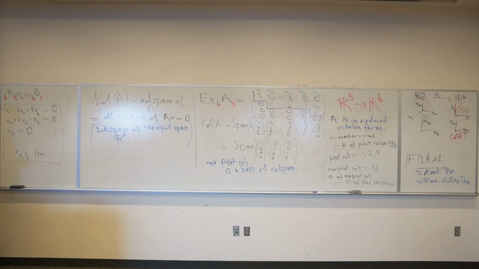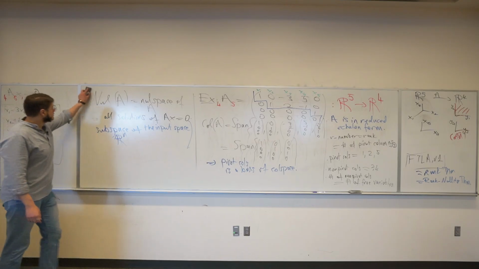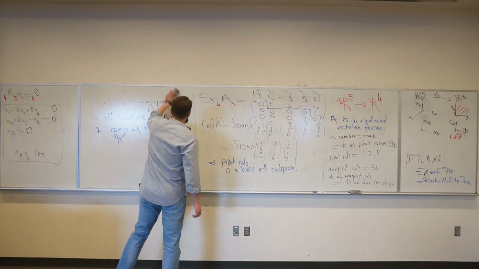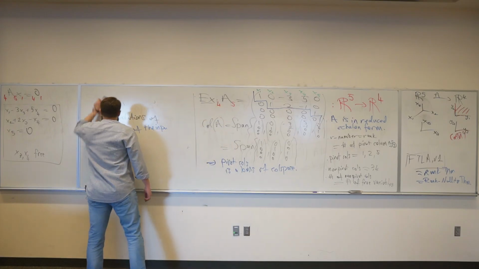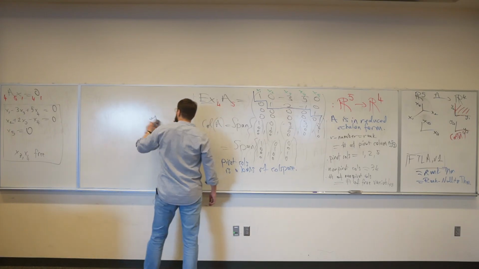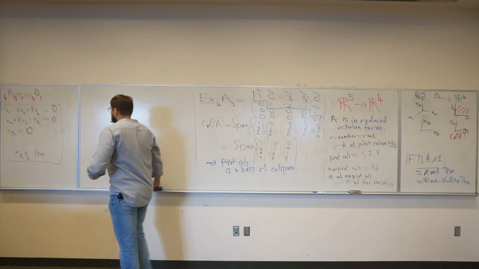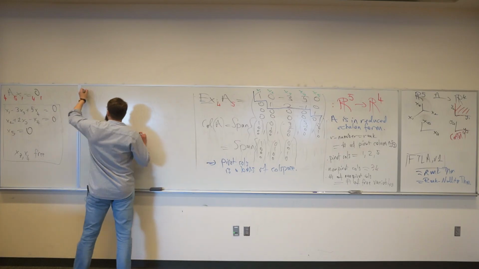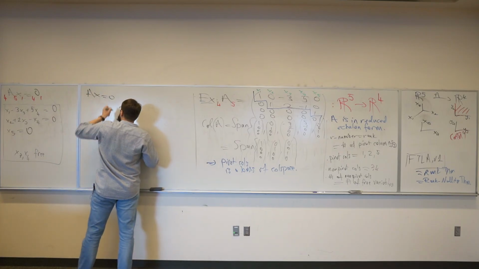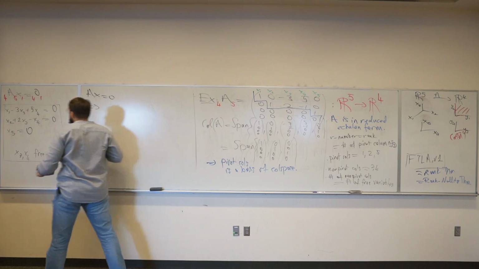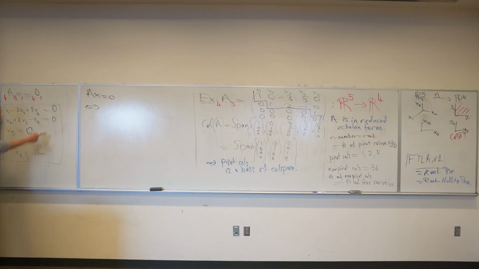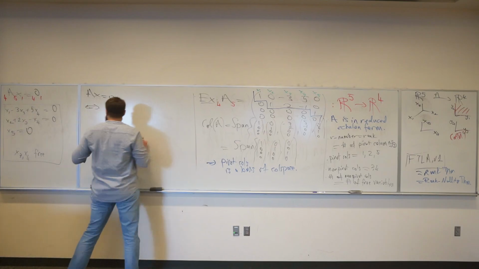Well, let's reorganize things. And I can write it like so then. Ax equals 0 is the same thing as saying that x1 to x5 satisfy these things, x3, x4 free.